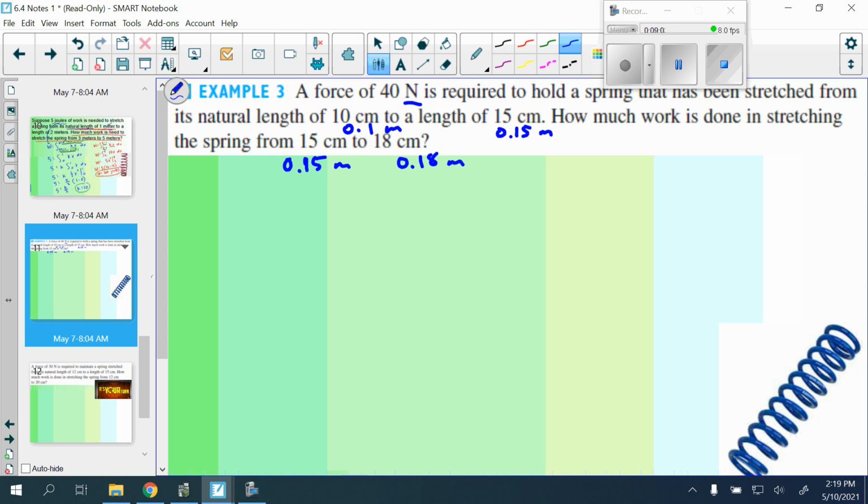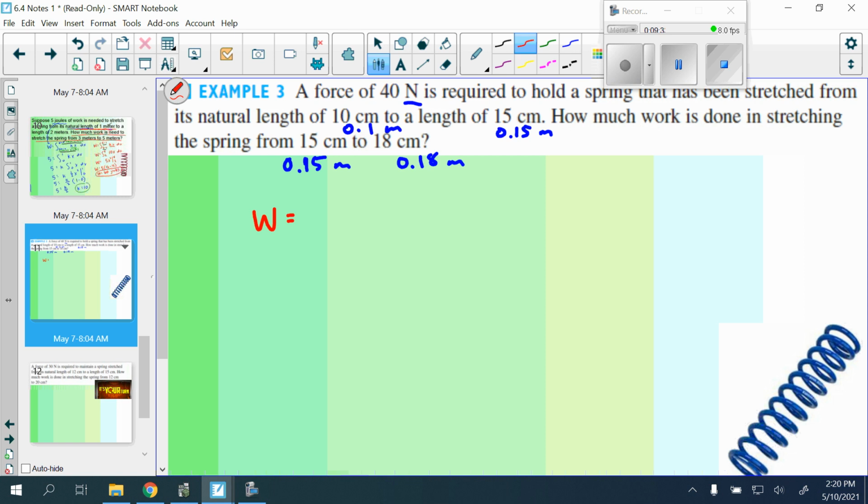All right, so next, it says 40 newtons is required to hold a spring that has been stretched from its natural length of 10 to a length of 15. So what we want to do here is now solve again for that K value, kind of like the last problem. So let's set up our integral here.